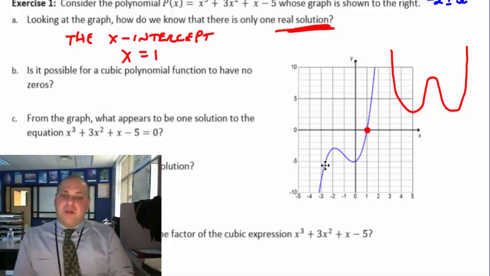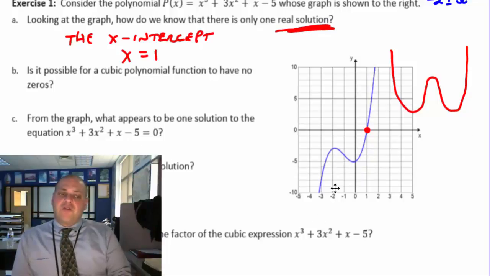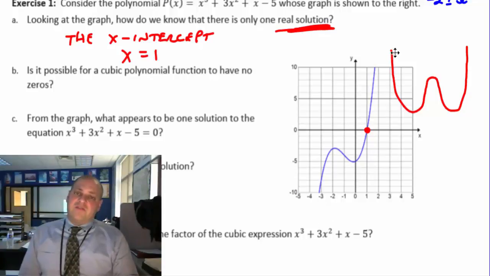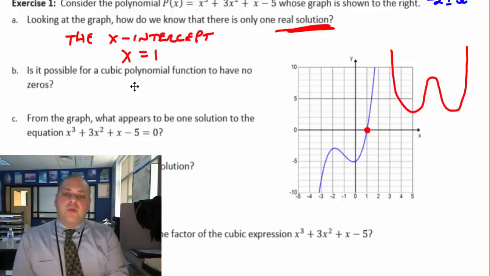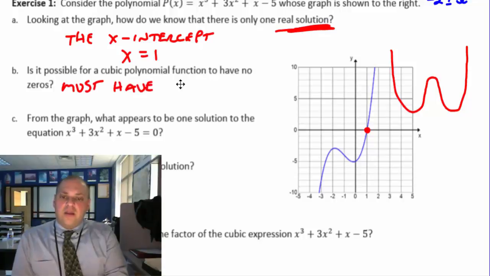But a third degree goes down forever and up forever. Our end behavior is negative infinity to positive infinity, so it's impossible to have no roots. A cubic polynomial must have at least one x-intercept.